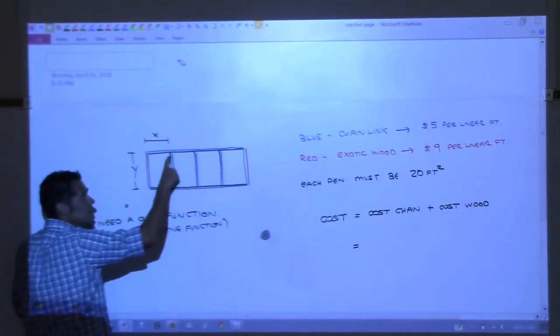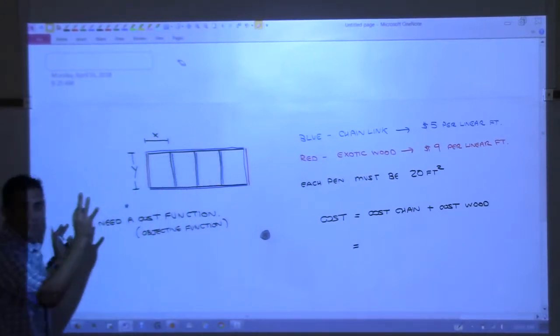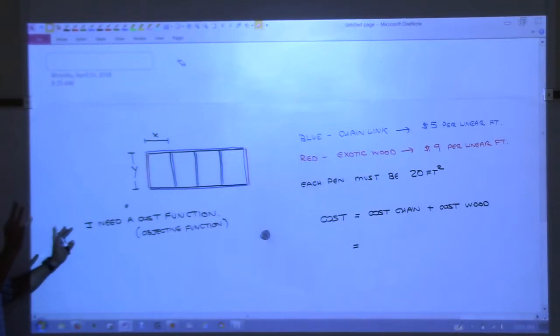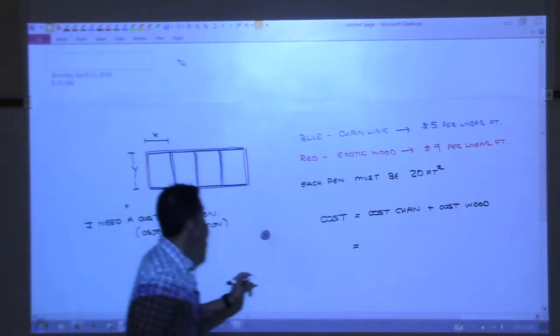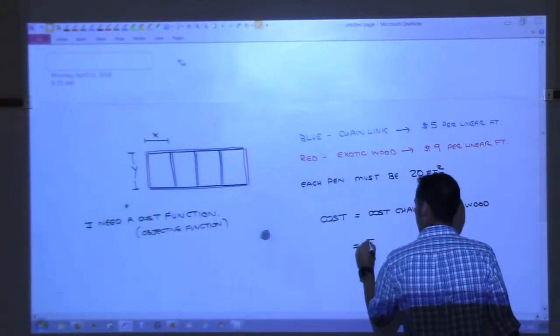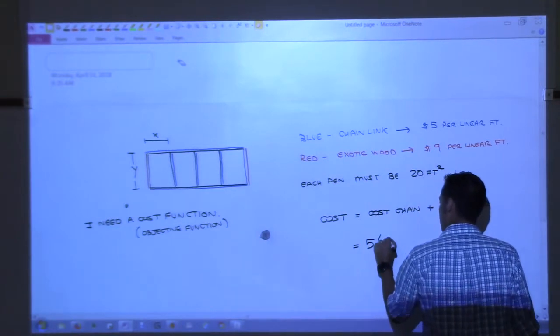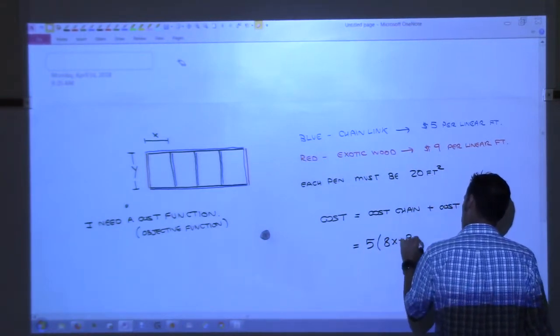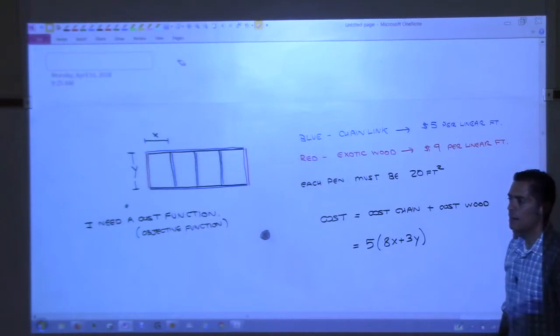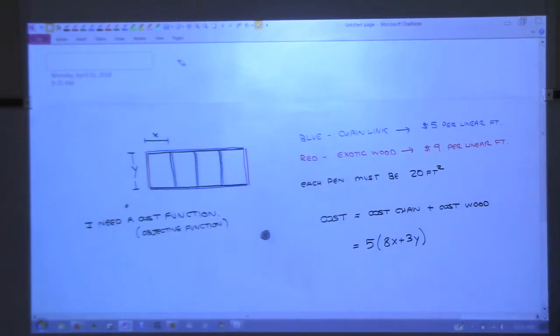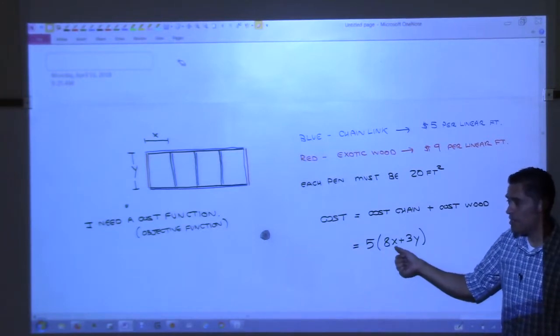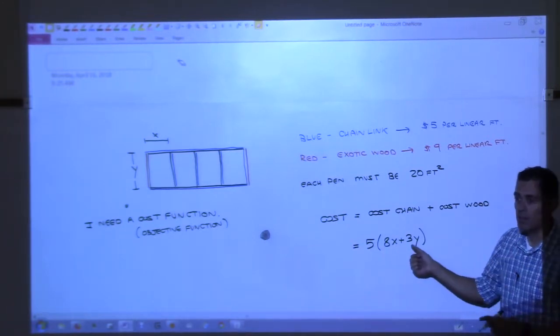And here, 3 y's. Understand? So this is going to look like $5 times 8 x's plus 3 y's. That will be how much we will pay for the blue fencing. $5 times every foot. We have 8 of these x's, and we had 3 of those y's. Make sense?